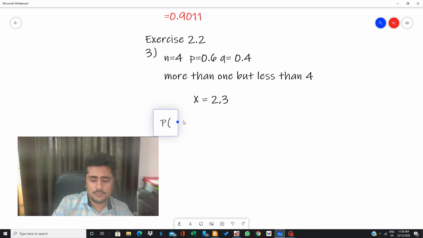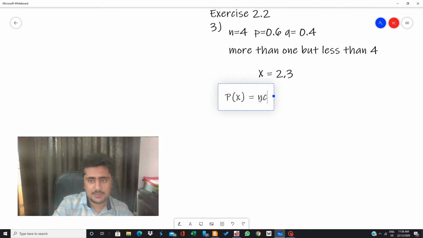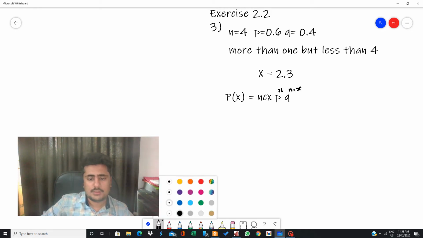So how will you do it? First of all, we'll write the formula. You have to learn the formula first. P of x is nCx P raised to x Q raised to n minus x.